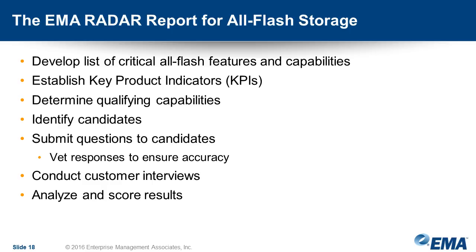These KPIs are all of those capabilities, and then there is a weighting that is applied to those, based upon our many conversations with end user customers and what's important to them, as well as our own inherent knowledge that we have here.